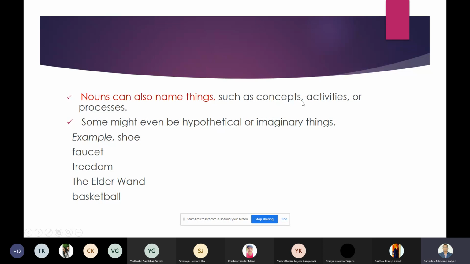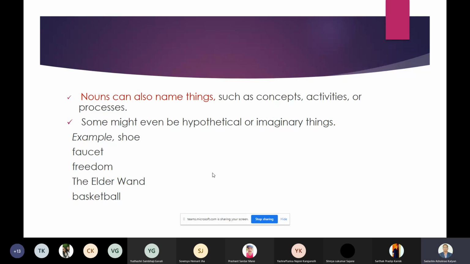So many hypothetical and imaginary things are also nouns. For example, I wandered lonely as a cloud.